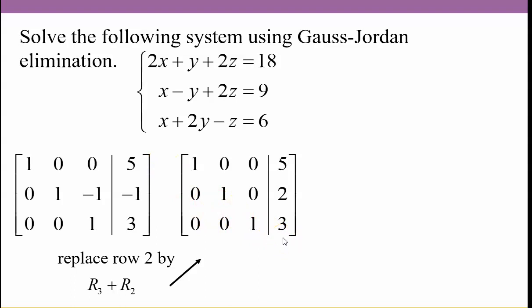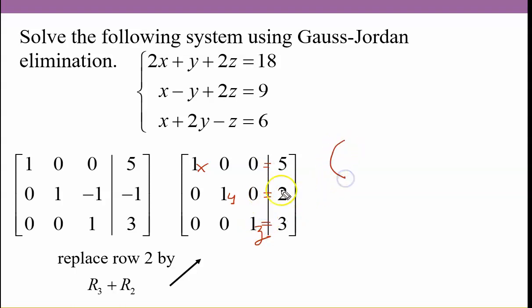So now, what does this mean? Well, what did we say this was? This was 1x, and this one, 1y, and this one, 1z. Remember, these are equal signs.